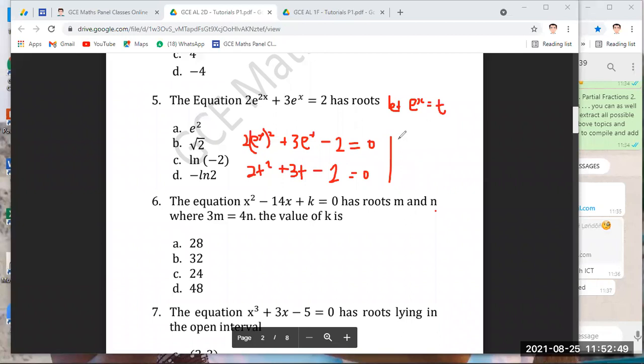All right, look for delta. Delta will be equal to b squared minus 4ac. b squared is 3 squared, which is 9, minus 4 times 2, 8, times minus 2, minus 16. So 9 minus minus 16 is plus 25. So this gives us 25.